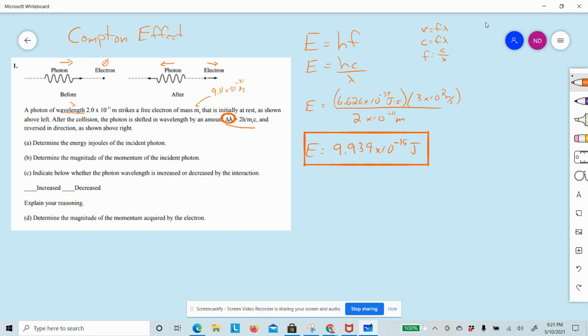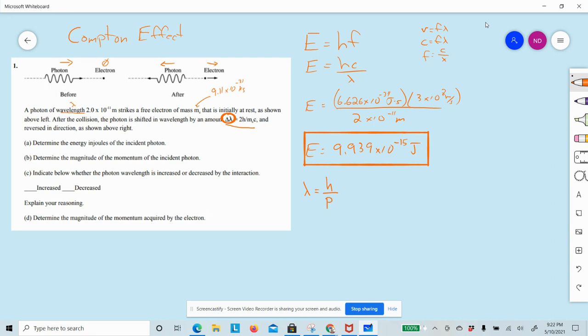Now they want to know the momentum of this incident photon. Momentum. You're not given momentum. You are given energy or wavelengths, but there's an equation on the reference tables that equates the two. You get wavelength equals h over momentum.